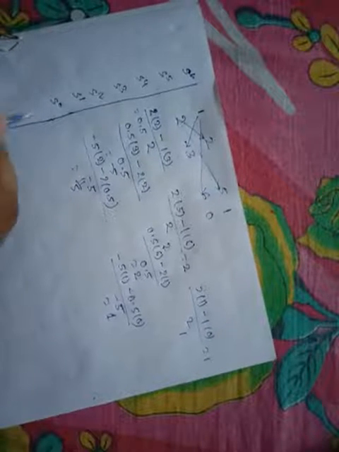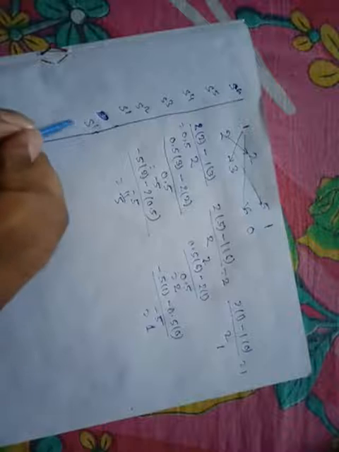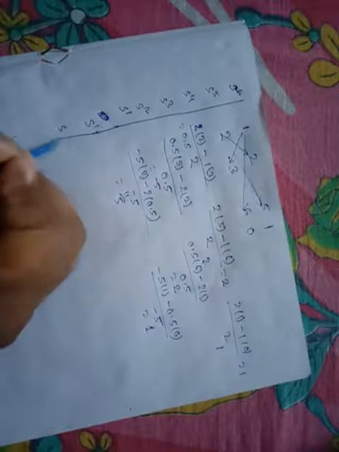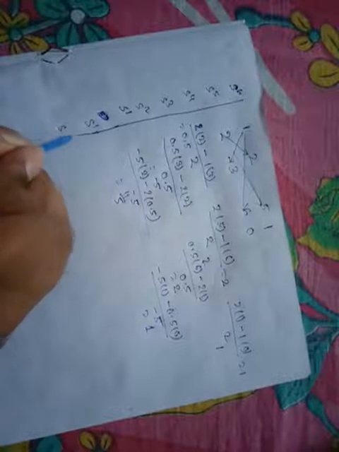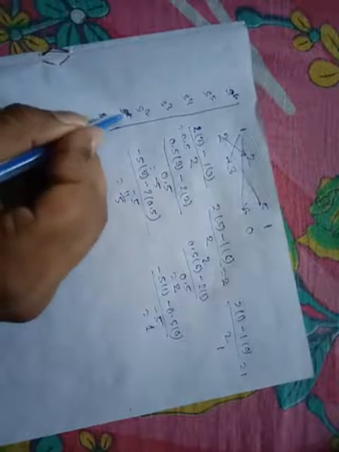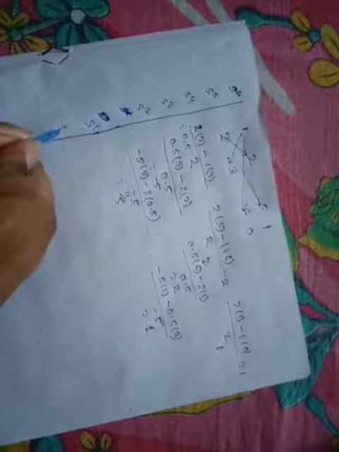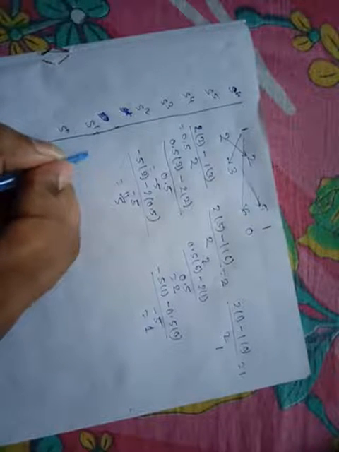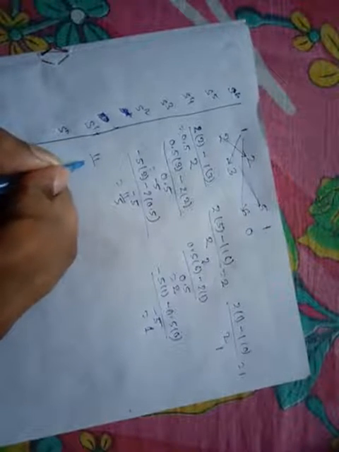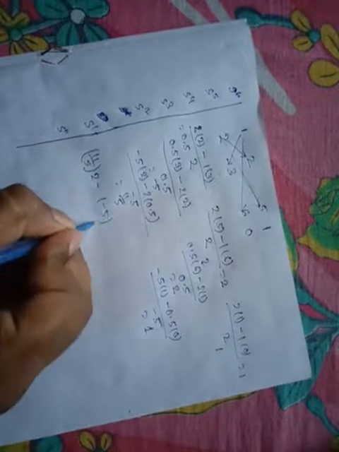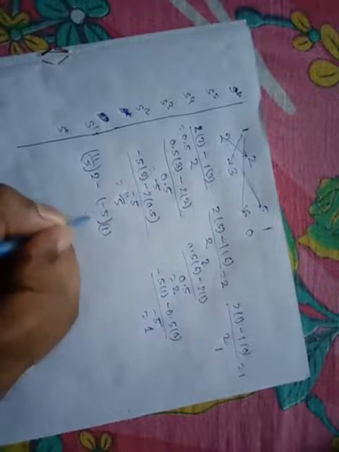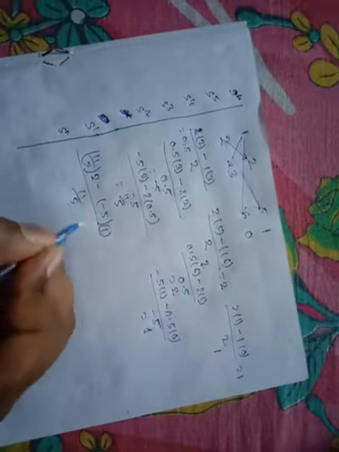For s to the power 1, 11 by 5 multiplied with 2 minus minus 5 multiplied with 1, divided by 11 by 5.